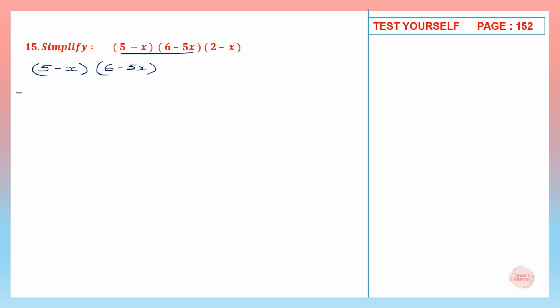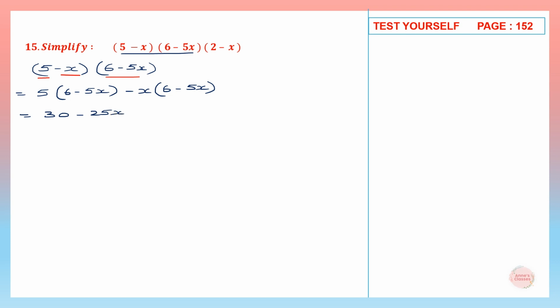So let's start with the first term here, that is 5, and we're going to multiply it with the whole of the second binomial, 5 into 6 minus 5x. Now take the second term, that is minus x here, and write that down. Minus x into 6 minus 5x.